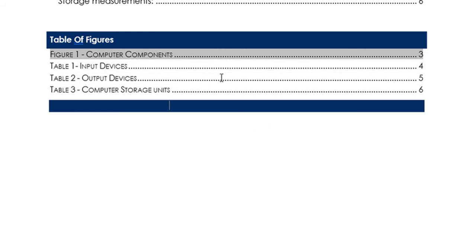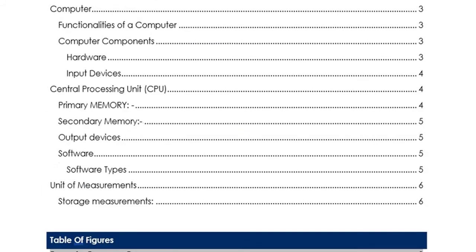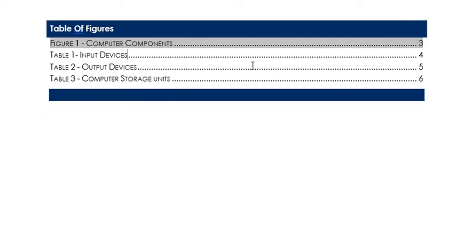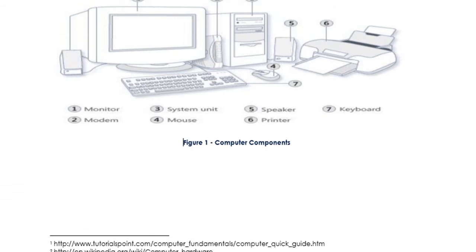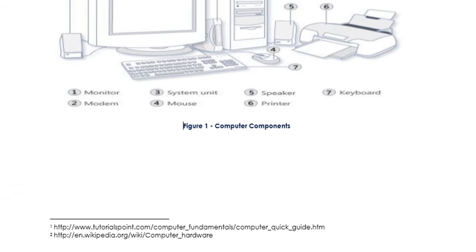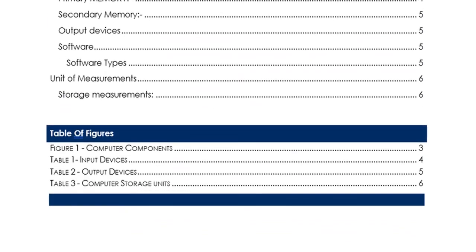So what will happen is I will have a distinctive list in my document which will have a table of figures as well. If I click by pressing Control and left clicking with the mouse, it will take me directly to the diagram I selected.